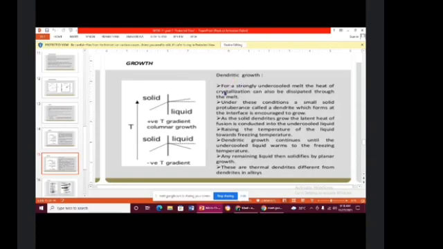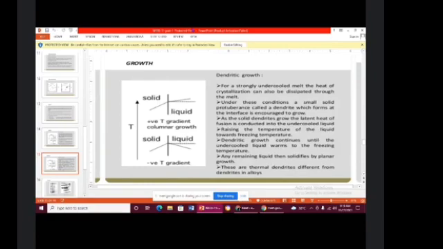Dendritic growth. So what is dendritic growth? For a strongly undercooled melt, the heat of crystallization can also be dissipated through the melt. Under this condition, a small solid protuberance called a dendrite, which forms at the interface, is encouraged to grow. As the solid dendrites grow, the latent heat of fusion is conducted into the undercooled liquid, raising the temperature of the liquid towards the freezing temperature.